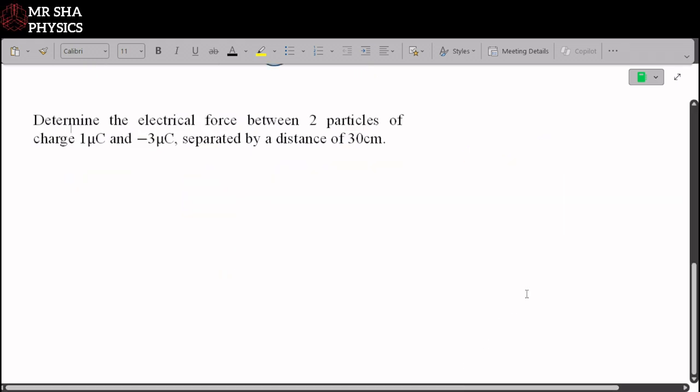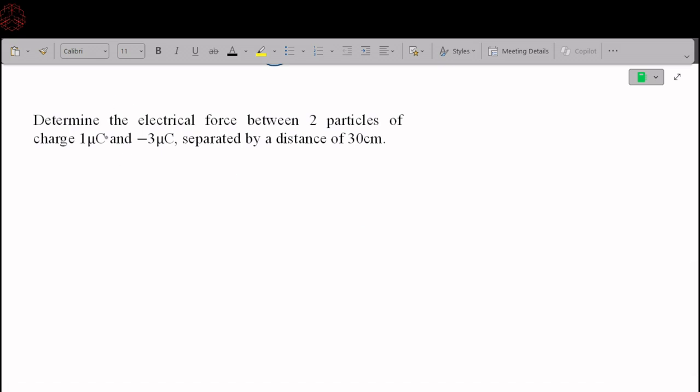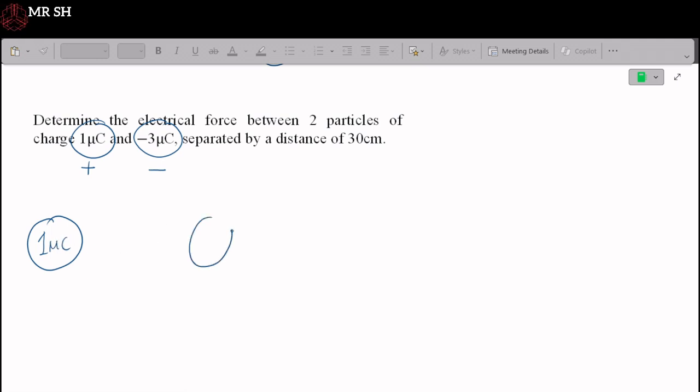On the other hand, here we have an example of a question where we have opposite charges. Here we have a positive charge and the other particle is negatively charged. If we were to draw it out, and again, I highly advocate you to draw it out, I'll have 1 microcoulomb and then negative 3 microcoulomb.